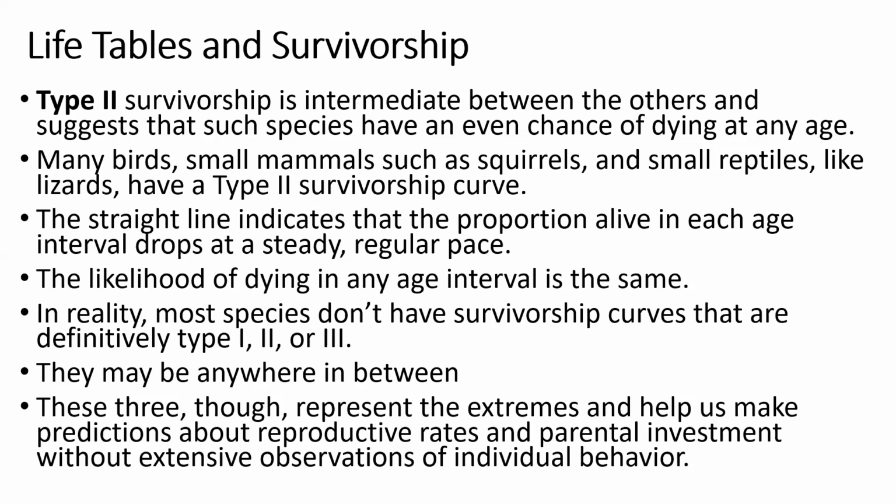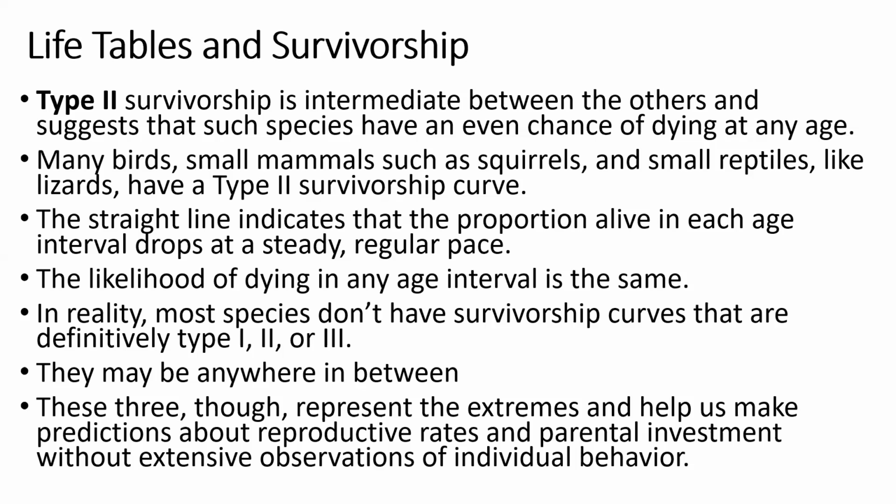In reality, most species don't have survivorship curves that are definitely type 1, type 2, or type 3. They may be somewhere in between, but they fall more onto one of the three types.